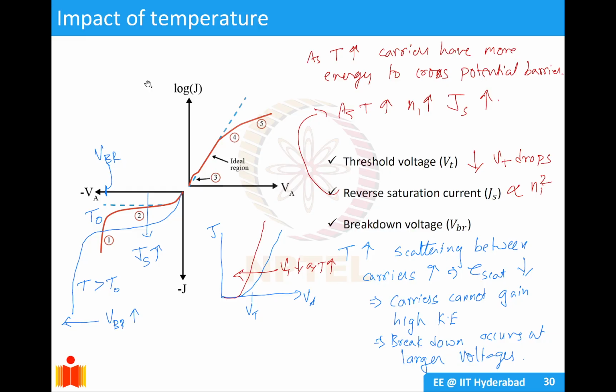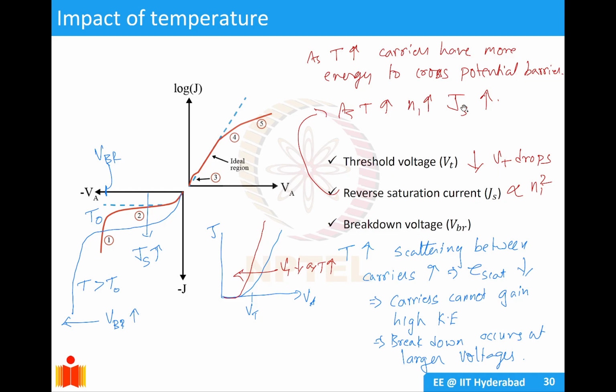Now, how will temperature affect your current? As the temperature increases, carriers have more energy to cross potential barriers. So as temperature increases, your number of carriers will increase.